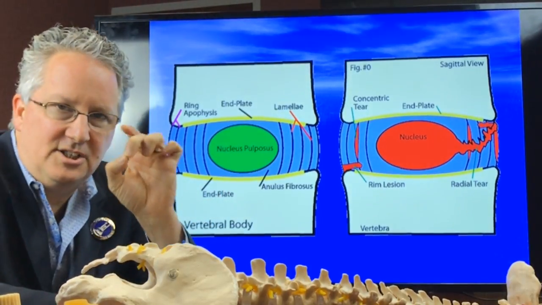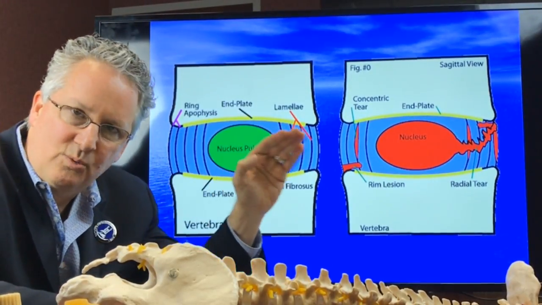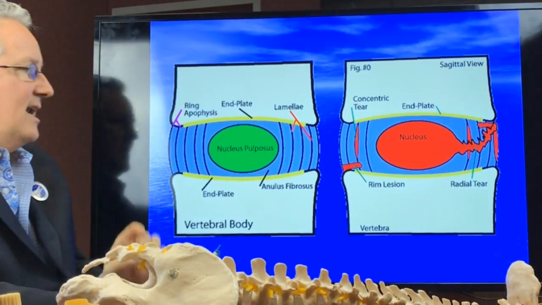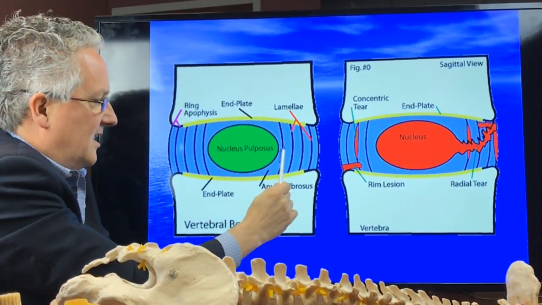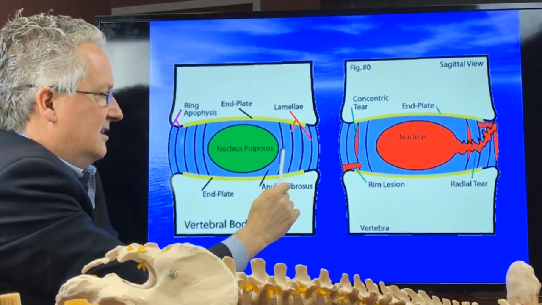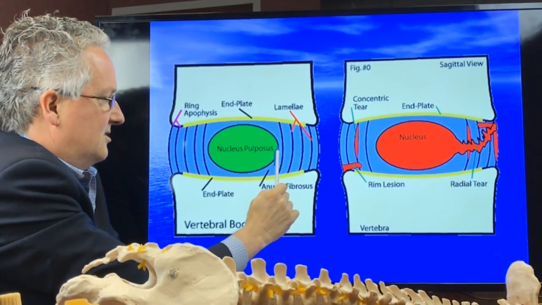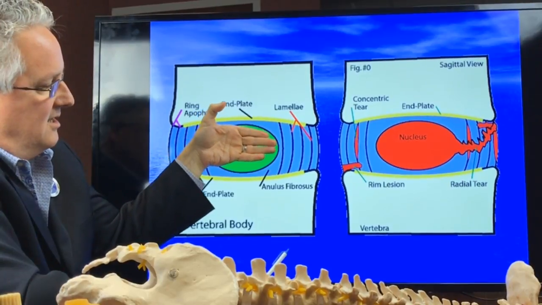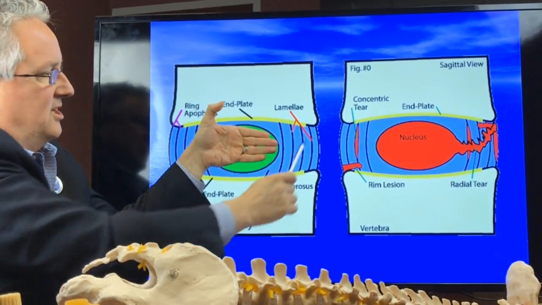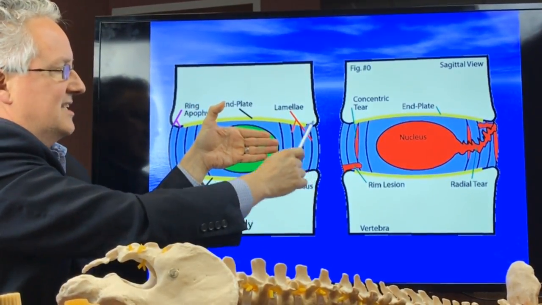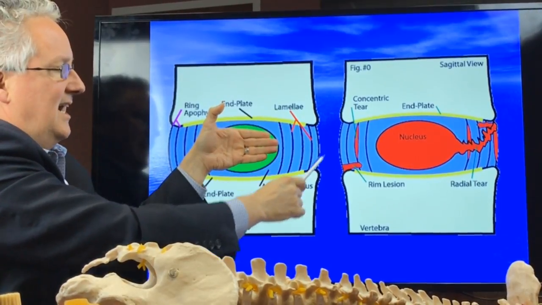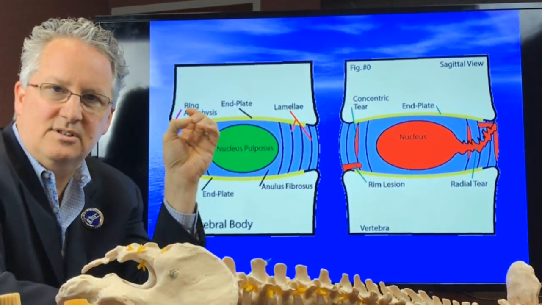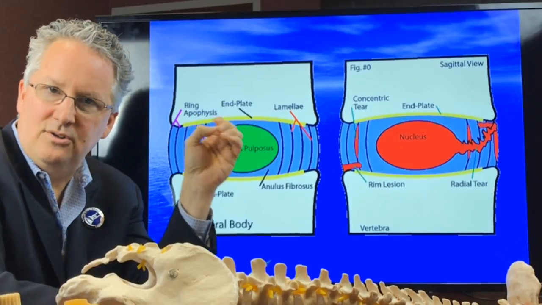Now, a herniation is where the nucleus starts to work its way toward the outside. What can happen is you can develop a little tear in the annulus. As it starts to tear, the nucleus will start to push in that direction, and that causes the outer portion of the annulus to push out and bulge a little bit.